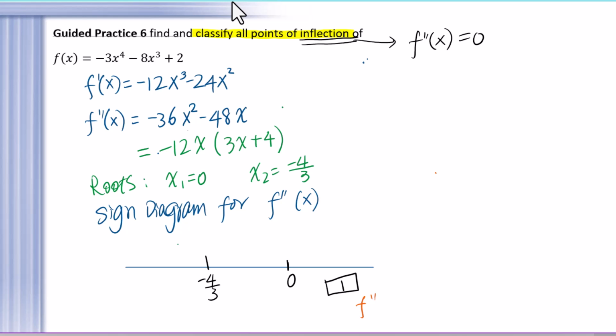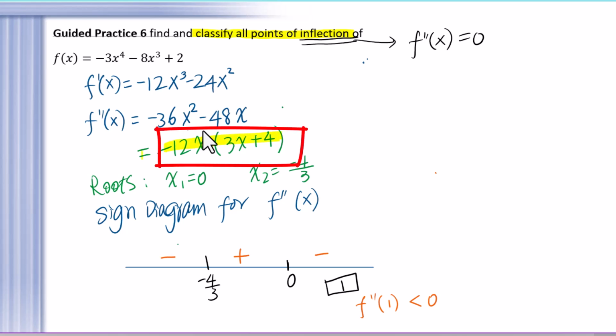F double prime of 1 is negative, then positive, then negative, because these are single powers. So we need to change the sign.